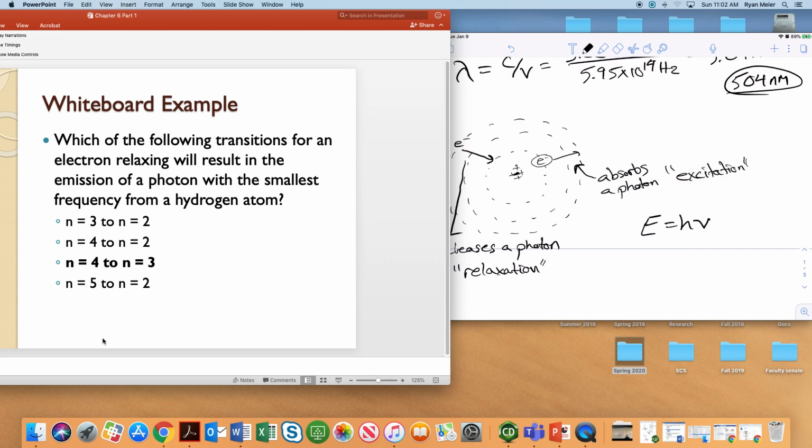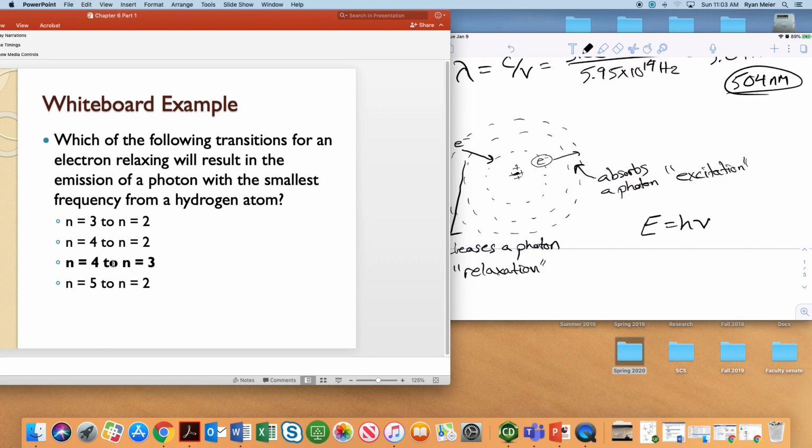You can just use the Rydberg equation and do the calculations and find mathematically the frequencies for all of these, but that's a lot more work than is necessary if you can understand what's going on here and relate things conceptually as far as the general trends.